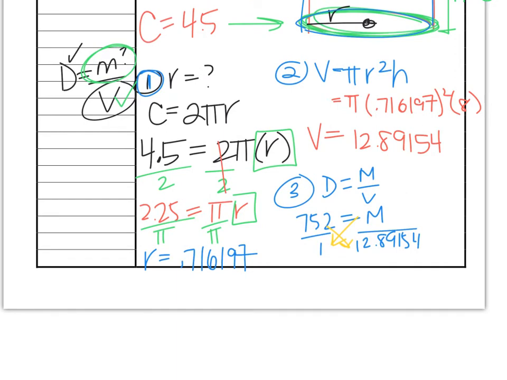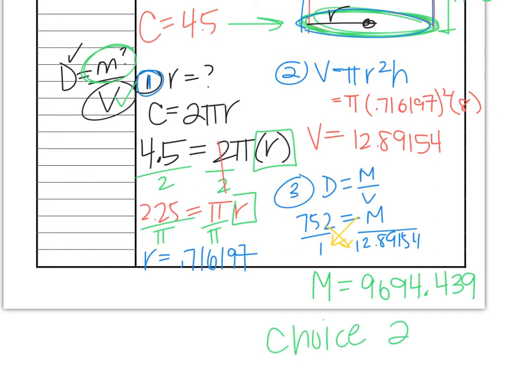So mass times 1, which is just mass, equals 752 times 12.89 and so on. That gives me 9,694.439. When rounded, that gives us choice 2, which should be the answer you're circling up top.